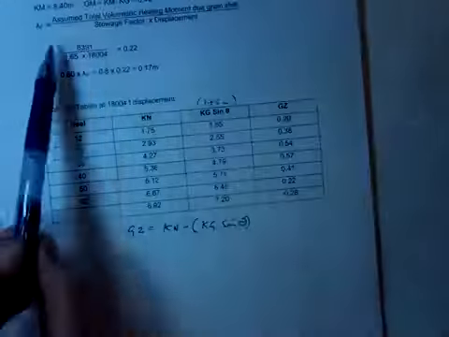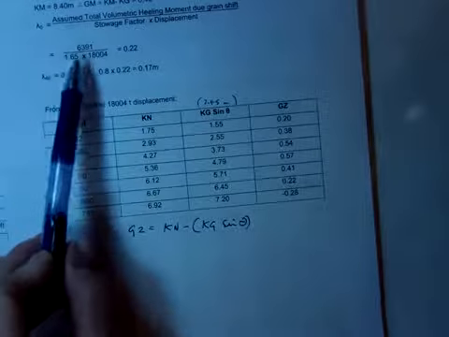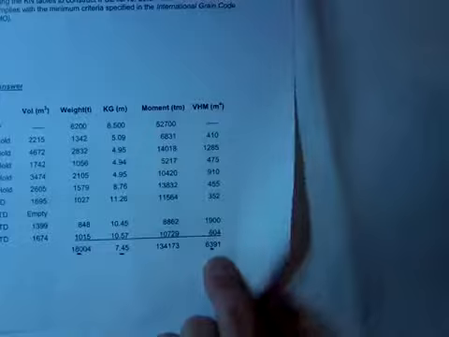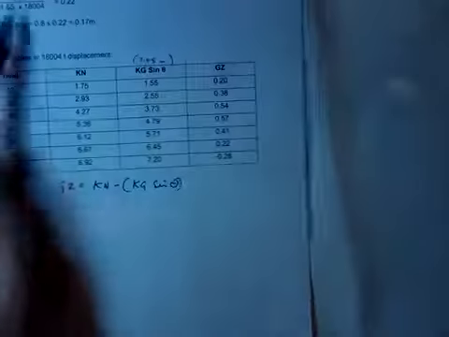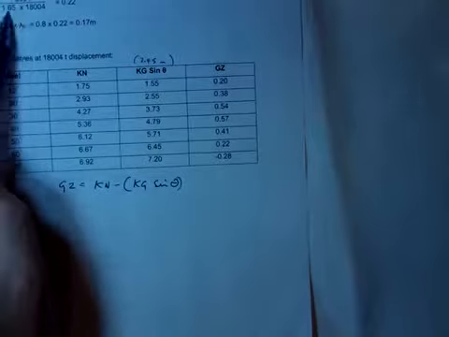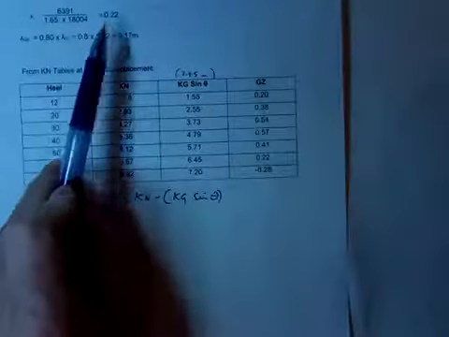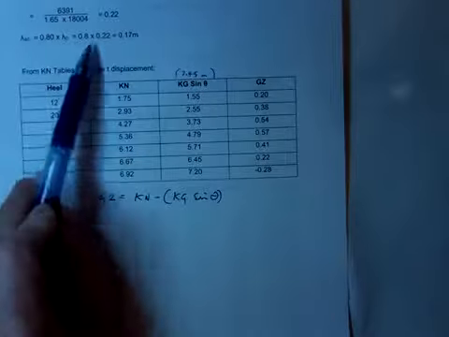As we can see here, we've written down lambda, our heeling moment, 6391. So we've got 6391 divided by storage factor 1.65 times our displacement 0.22, and then at 40 degrees 0.8 times 0.22, 0.17.